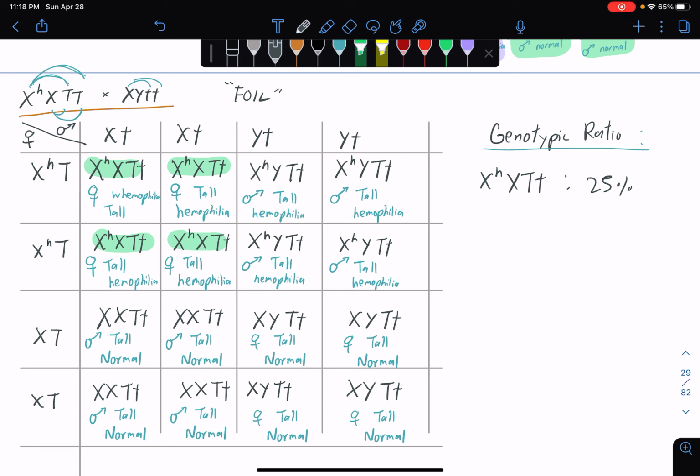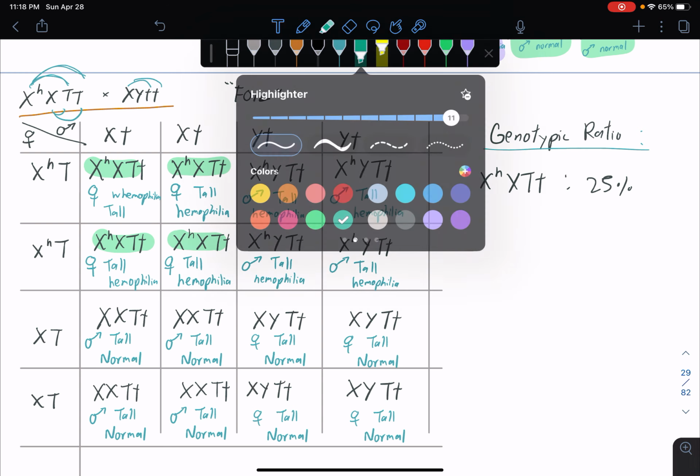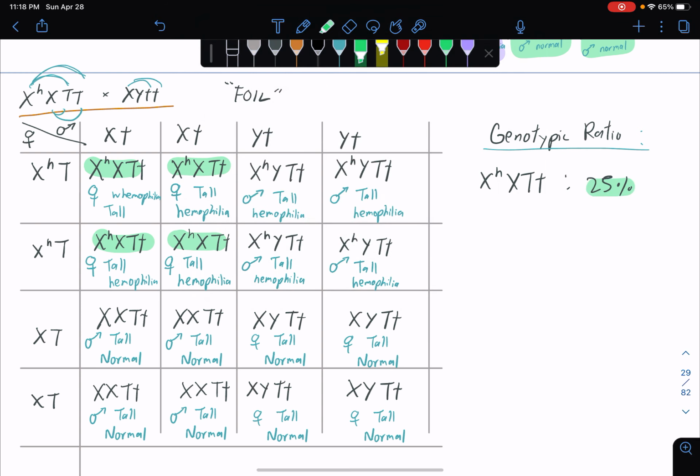We'll be writing this in an actual ratio later. Right now, I prefer writing it as a percentage. This is the 25%, just to avoid confusion.